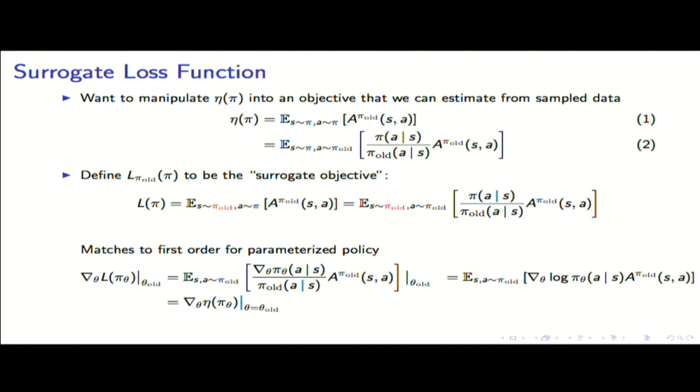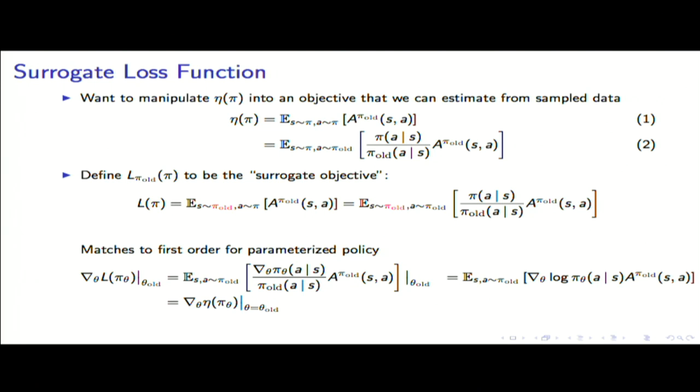If we wanted to sample everything using the new policy pi, we would have to actually sample a trajectory using that policy, so we would have to take actions in the MDP. Does that make sense?